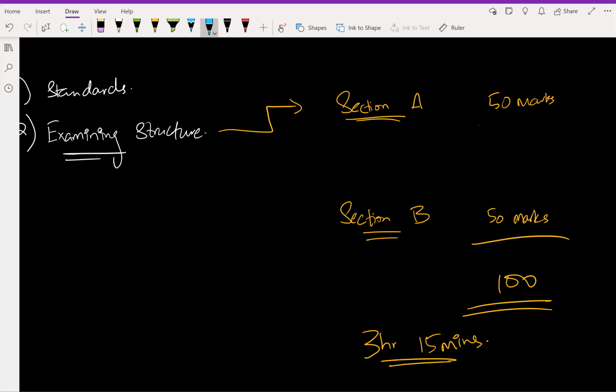Number two, at this level, let's say you get the right numerical answer, but you fail to explain it, you won't pass. Explanation at this stage matters a lot.